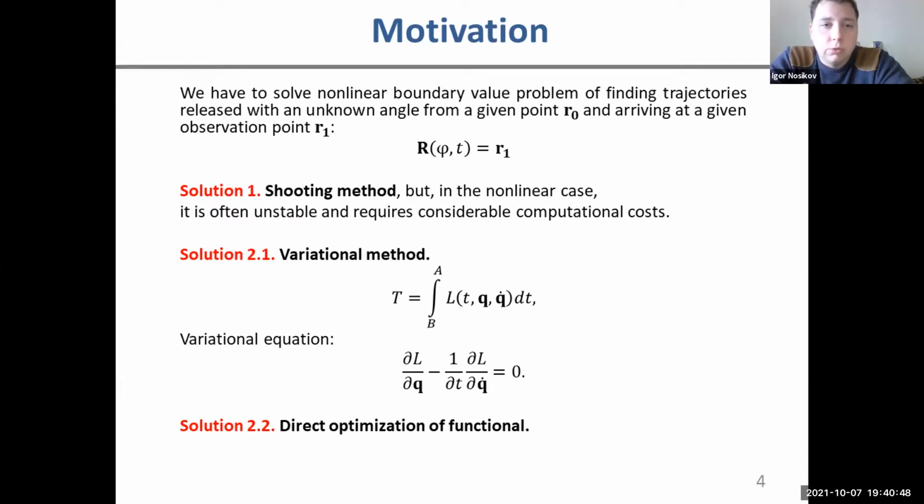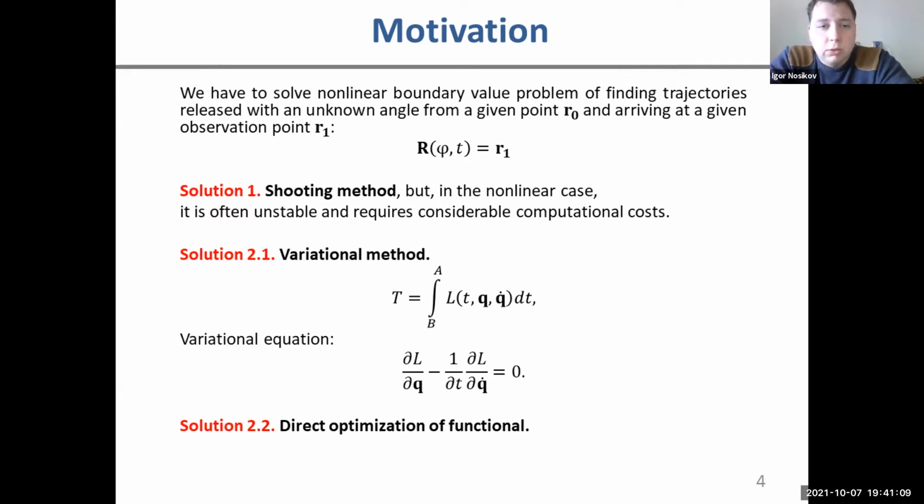Previously we had to use a shooting approach. But this approach in the nonlinear case is often unstable and requires considerable computational costs. That is our motivation to find an alternative approach to the shooting method.